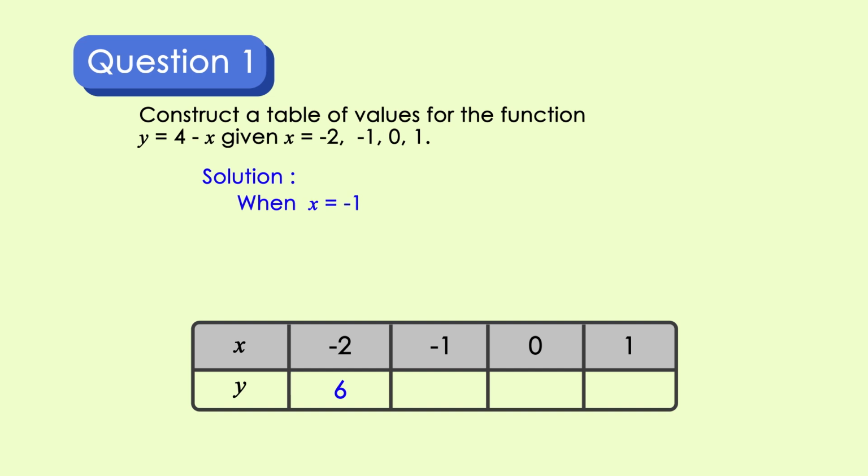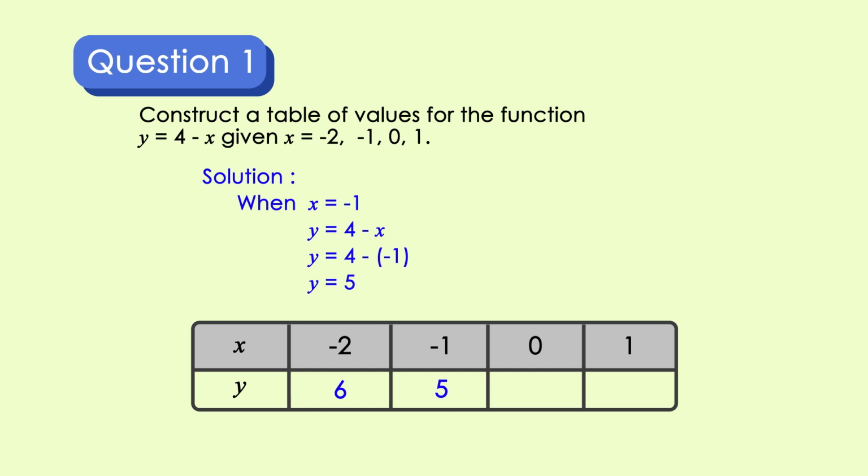Let's now continue with x = -1 into the same equation, and we will get y = 5. Now, we fill in the previous table with value of y = 5 that we have obtained when x = -1.